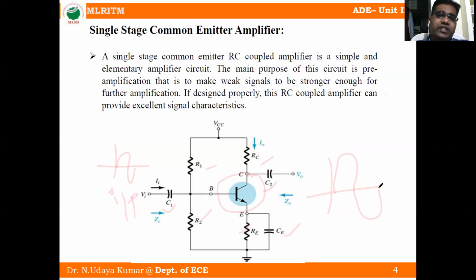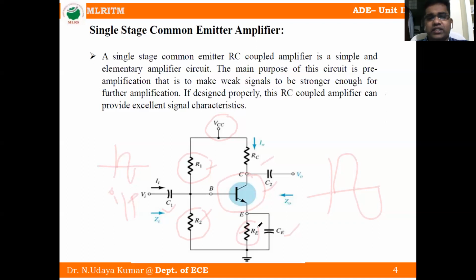VCC provides biasing to the input side and output side. R1 provides the biasing to the input side. R2 provides stabilization, and RE also provides stabilization.